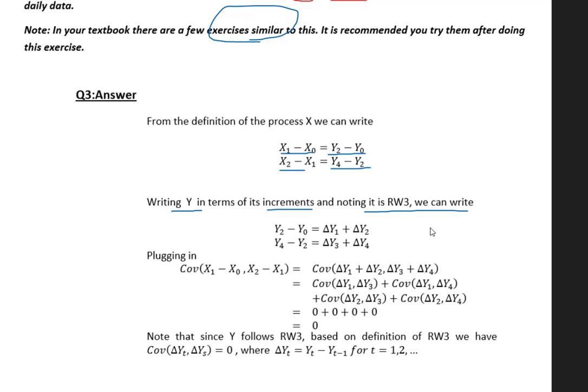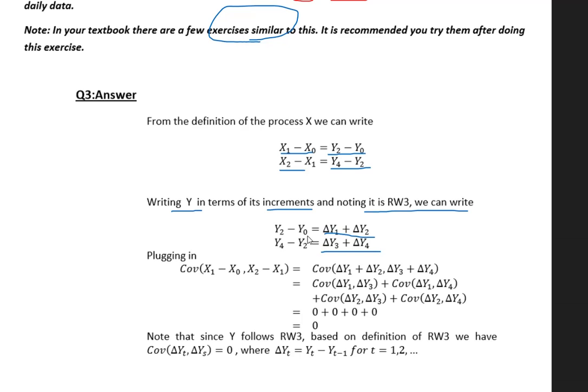Because we know y follows a random walk, and there is a specific definition and property of a random walk that applies to the increments of y, not y itself. So rewriting y in terms of its increments follows from the definition of increment. We haven't done anything new yet. We are just rearranging our information in a way that can be used.